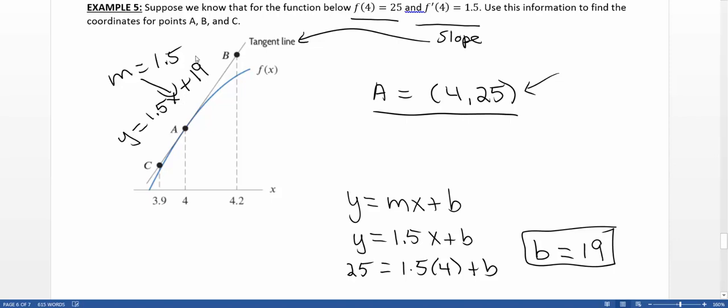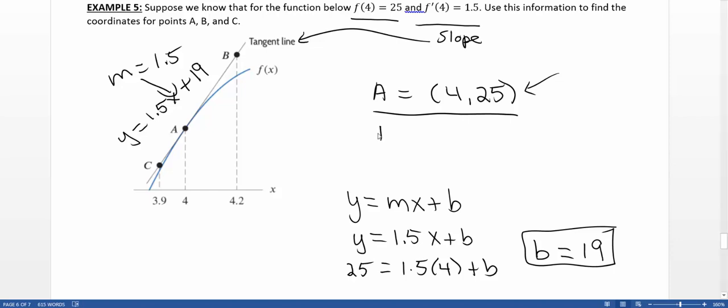So that means that the equation of this line is y equals 1.5x plus 19. So if you're not sure why we would want the equation of that line, think about this. In order to find the points B and C, we already know the x value. So that means if we were to take that x value and plug it into the equation of the line, we would get the corresponding y value, which would give us the point we're looking for.